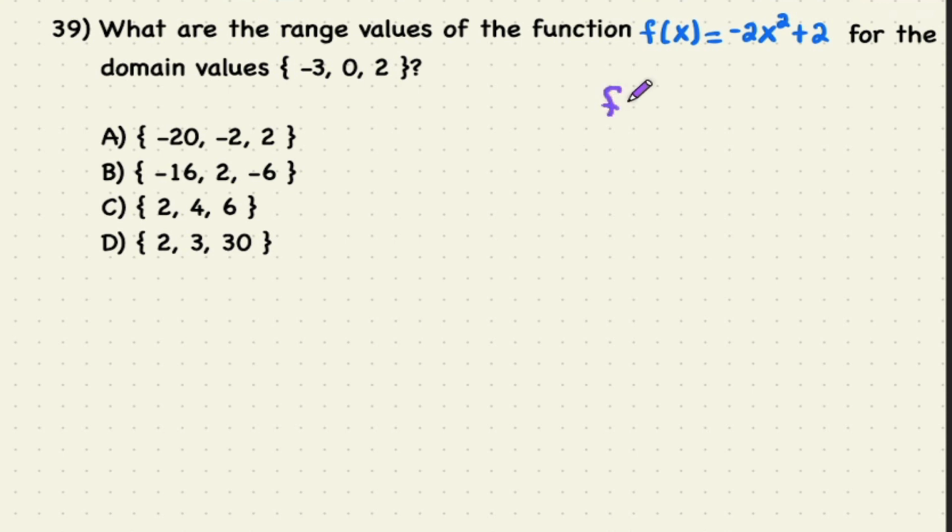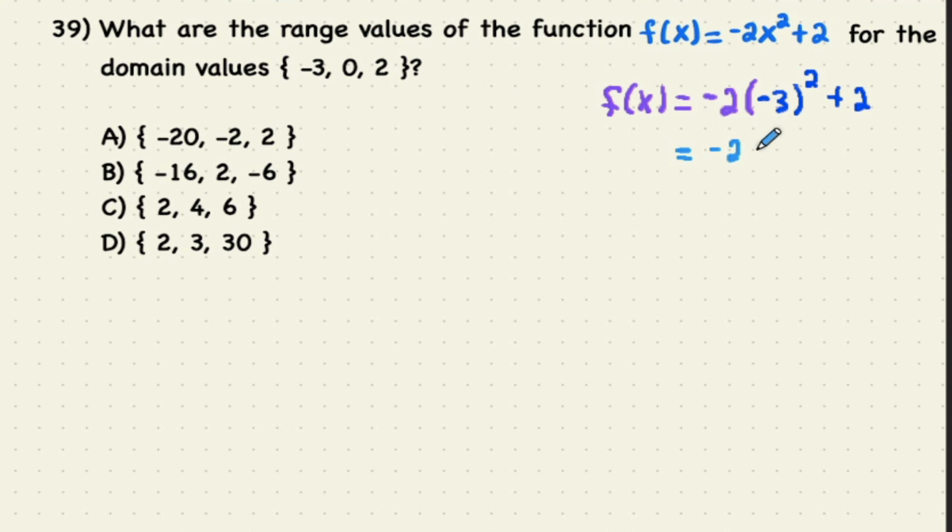So we have f of x is equal to negative 2 times negative 3. So we'll place negative 3 here in the parentheses, squaring that, plus 2. We're going to do that with 2 more. So we have equals negative 2.